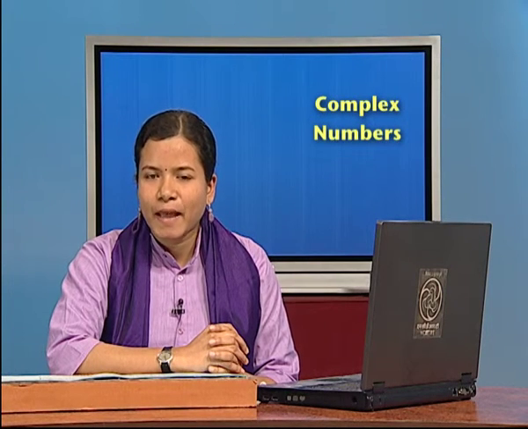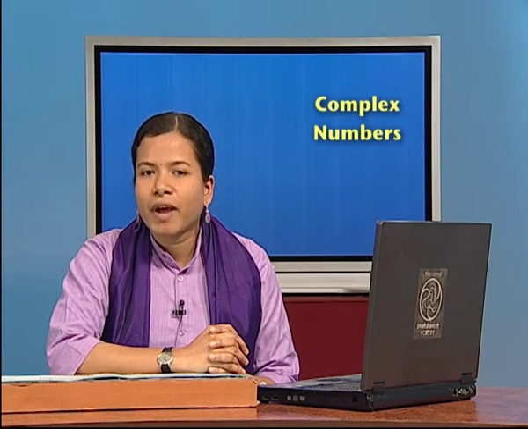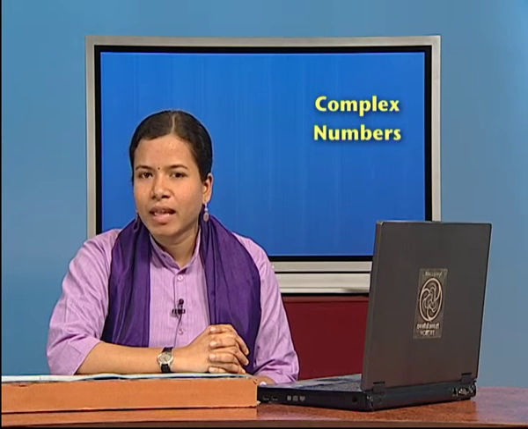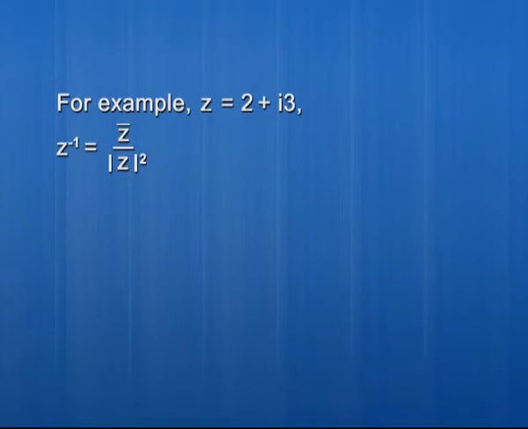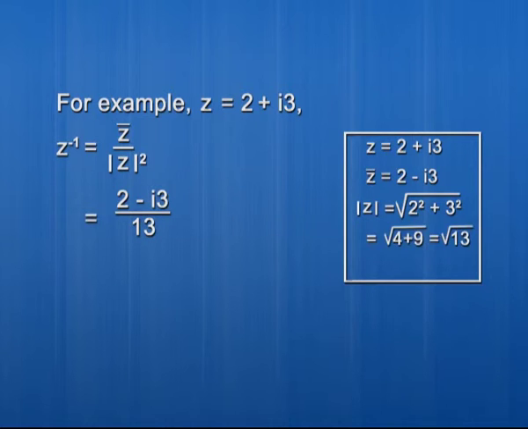Now let us see an example. If we have z equal to 2 plus i3, and we have to find the multiplicative inverse of z, then using the formula that z inverse is equal to conjugate of z upon square of modulus of z, we get 2 minus i3 in the numerator and 13 in the denominator, because when z is equal to 2 plus i3, then conjugate of z will be 2 minus i3 and modulus of z will be the square root of 2 square plus 3 square, which will give us the square root of 4 plus 9, which will give us the square root of 13.